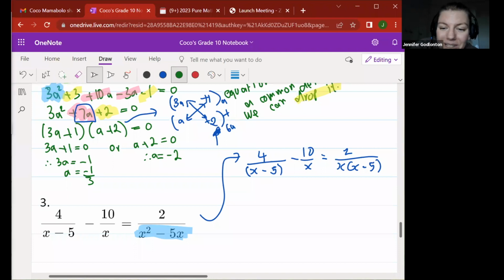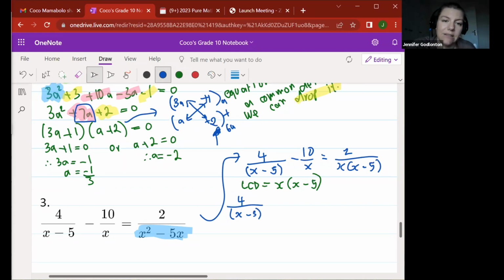My lowest common denominator is x minus 5. So we need to look at each of these terms and think, what is each of them missing? If we have a look at this first fraction, I'm going to write it out like this. We've got 4, and then we've got x minus 5.